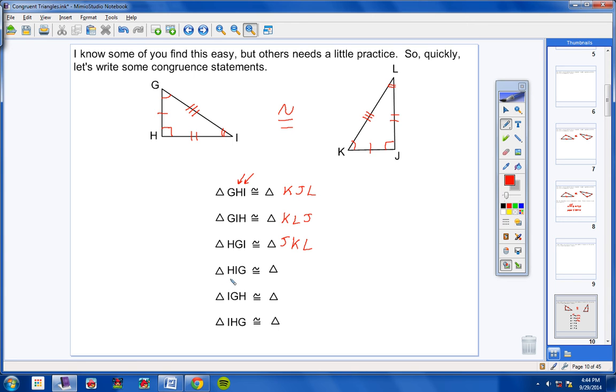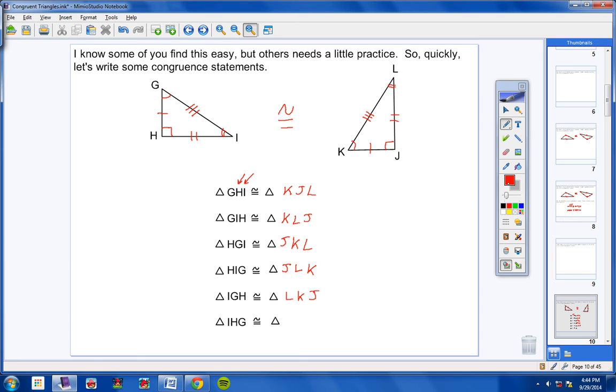What if we wrote triangle HIG, H-I-G? Well, H corresponds with J, I corresponds with L, and G corresponds with K. All right, now triangle IGH, okay? Well, I corresponds with L, G corresponds with K, and H corresponds with J.